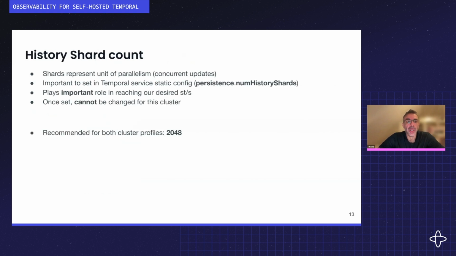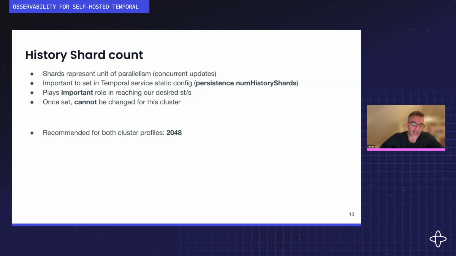The second thing that is also very important is the history shard count. A history shard represents a unit of parallelism or concurrent updates in your Temporal cluster. It's very important to set it to some number. You have to set it.